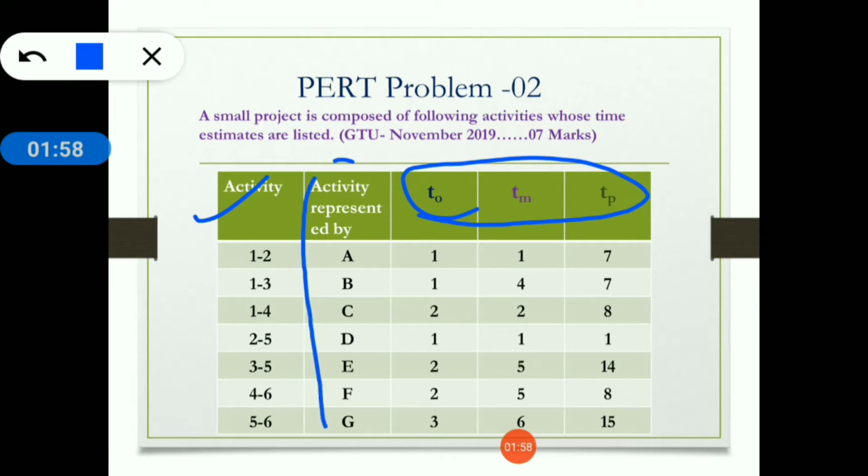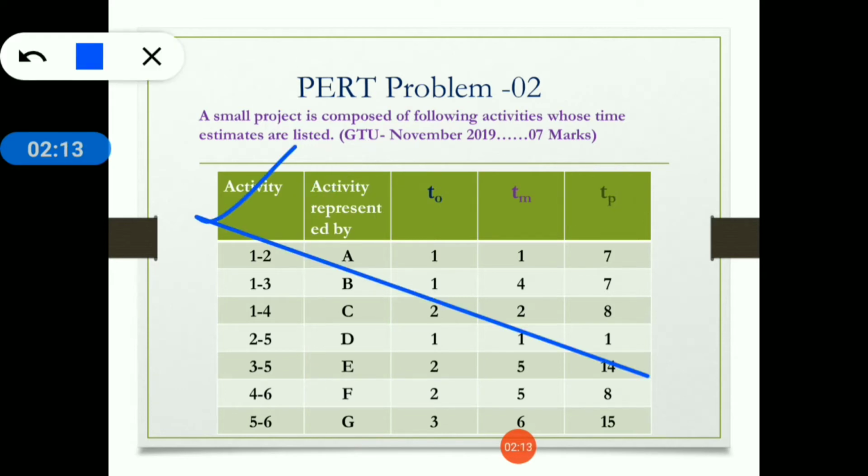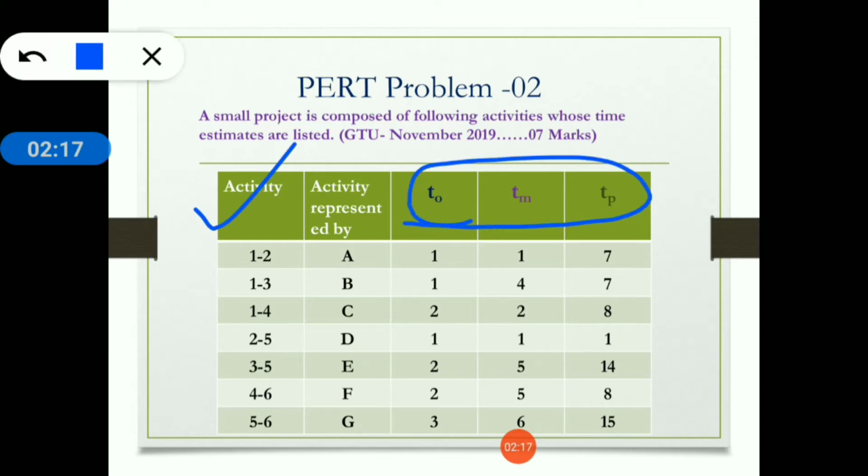I have just taken these activities for simplicity to understand this problem, but in the example these activities are not given. I have taken them just for your understanding. In the example, only the activities and these 3 times are given.